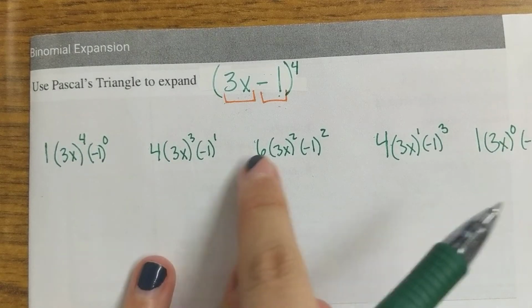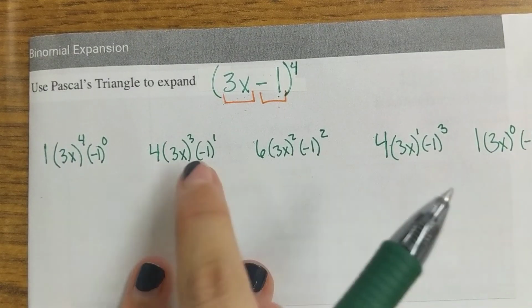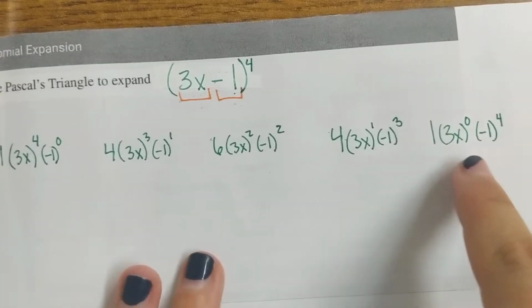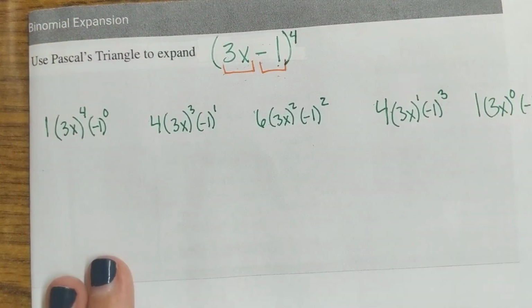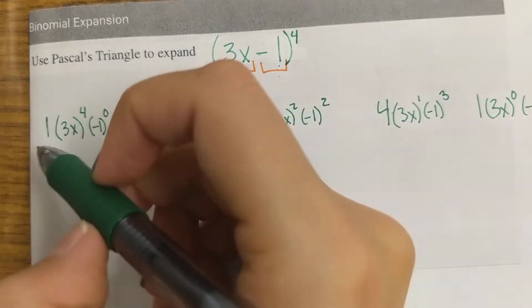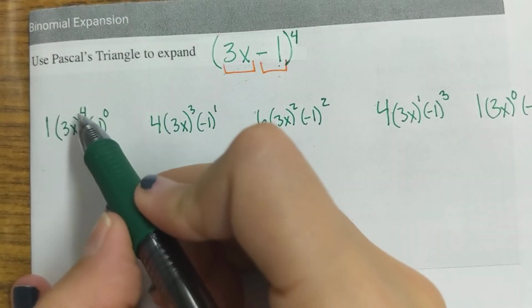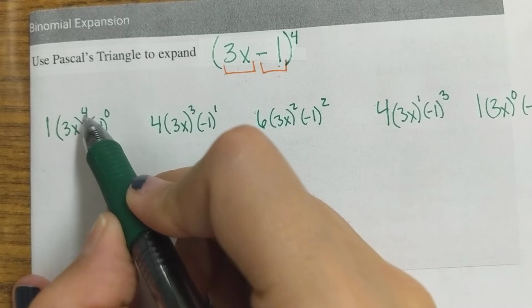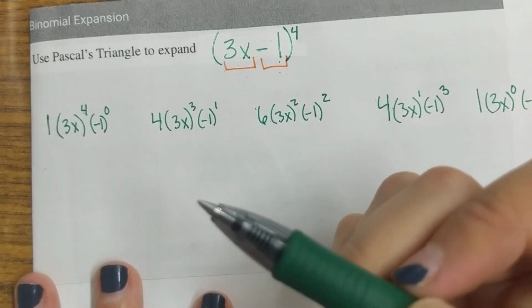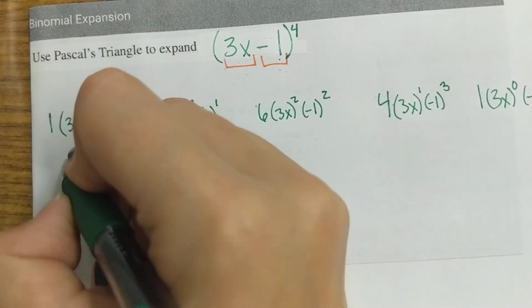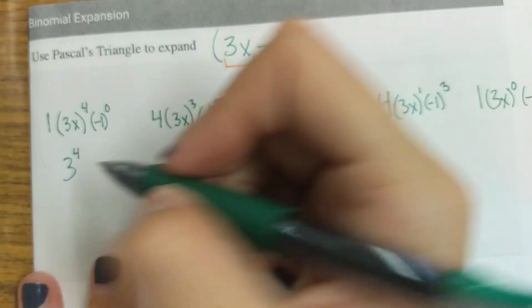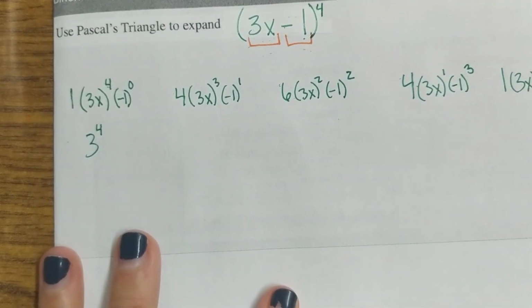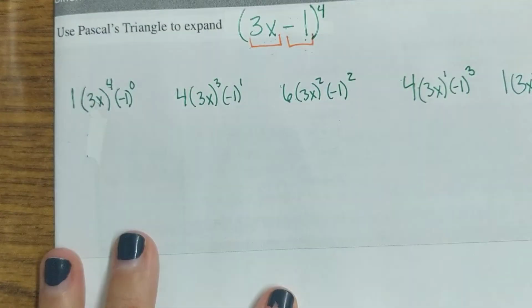Now, do you see why I don't put signs in between? Because this (-1) is going to make every other sign negative. So let's clean it up. 4 is the power for 3 and for x. So this should be 3 to the 4th. In fact, if you don't mind, I'm just going to write out what that actually is, the number version of it.